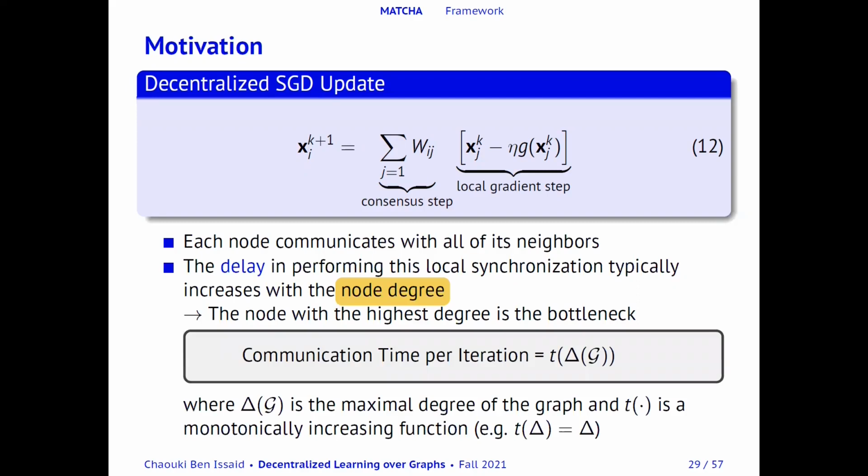Thus, the communication time per iteration depends on the maximal degree of the graph, denoted here by delta of G, through a monotonically increasing function T. Without loss of generality, we can assume that sending and receiving model parameters over one link costs 1 unit of time. That is, T of delta is equal to delta.